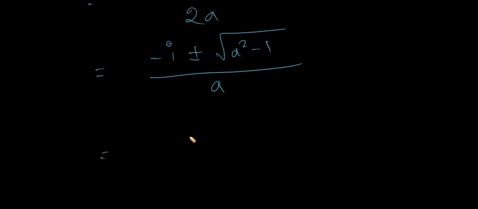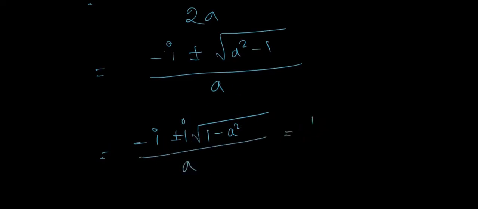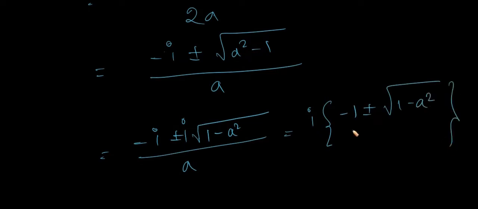So for convenience, I write it as 1 minus a squared, but when I switch from a squared minus 1 to 1 minus a squared, that means I'm factoring out a minus 1, and I will also have a square root over it, so that should give me an i that will come outside the square root, divided by a, and finally you can write it simply like this.